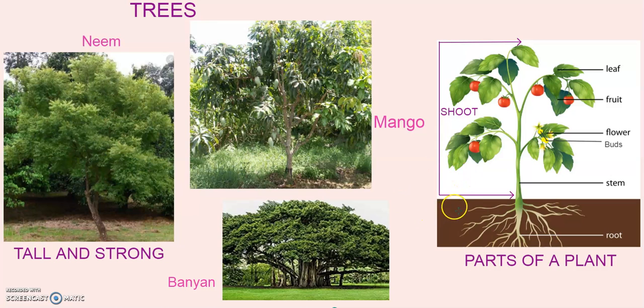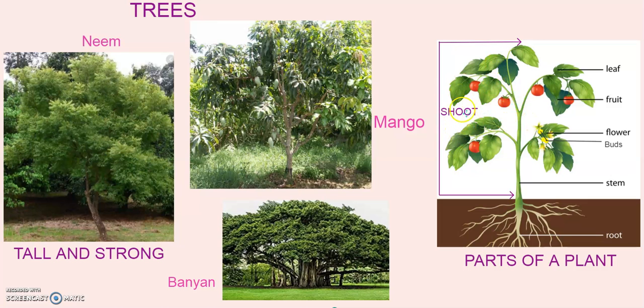As we have learned about plants and trees, we need to learn about the parts of a plant. Mainly, we find two parts of a plant, the upper part and the lower part. This is the underground part of a plant. See, this part is above the ground. This part is called a shoot.